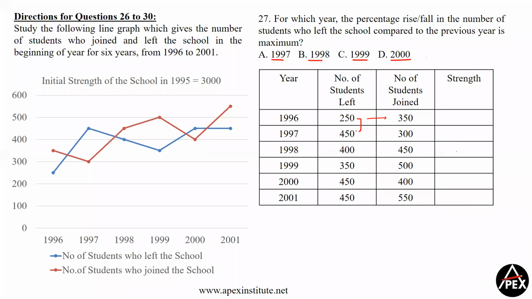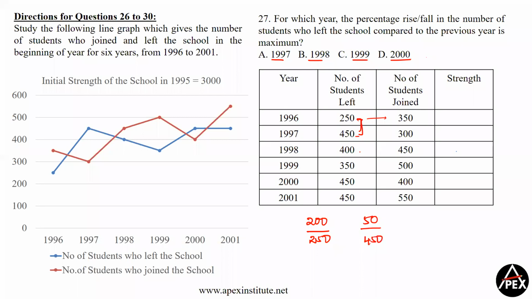For 1997, there is an increase of 200, so earlier it was 250 and it is 450 now; this is compared with the previous year's 250. For 1998, earlier it was 450 and now 400, so there is a decrease of 50, compared with 450.